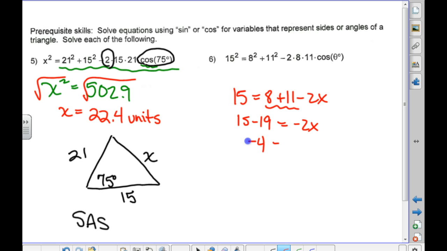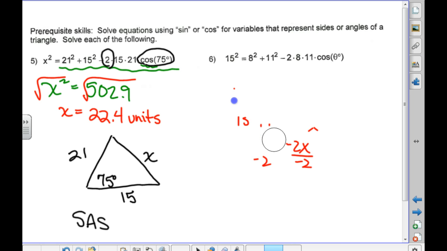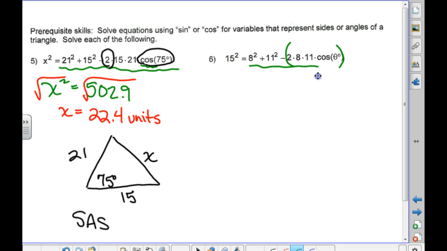And then what would you do? Divide by negative 2. Okay? Nobody in here is going to tell me that it's okay to do all of this and then move it over to the other side, right? Because all of this is multiplied together, yes?